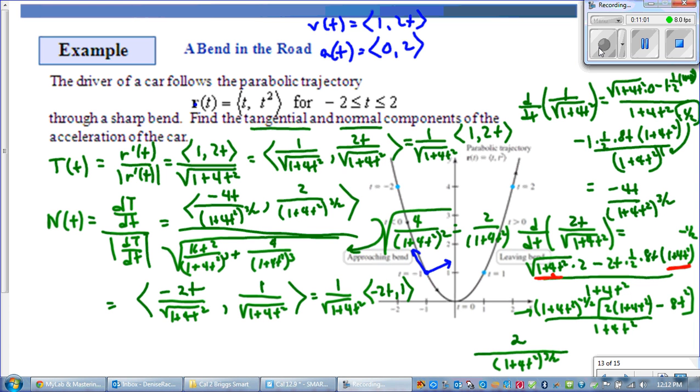That acceleration is 0, 2 all the time. 0, 2 points directly upward, like that. So what we're going to do is take that vector A and project it onto N and project it onto T. And that will give us the two components of this vector that are going in each of these two directions.